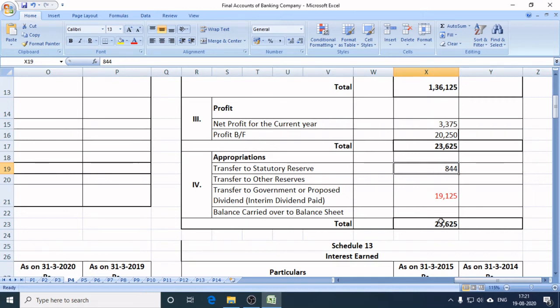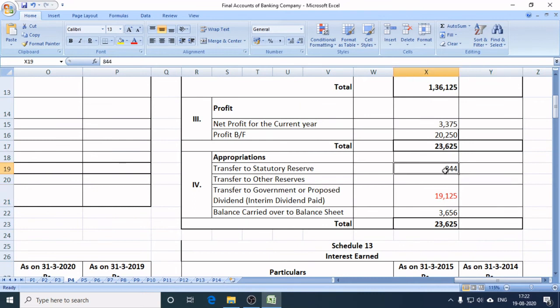Now see, out of this 23,625, 19,125 are used for the payment of dividend and 844 rupees transferred to statutory reserve. Therefore, the remaining balance of profit is 3,656 and it will be carried forward to balance sheet.